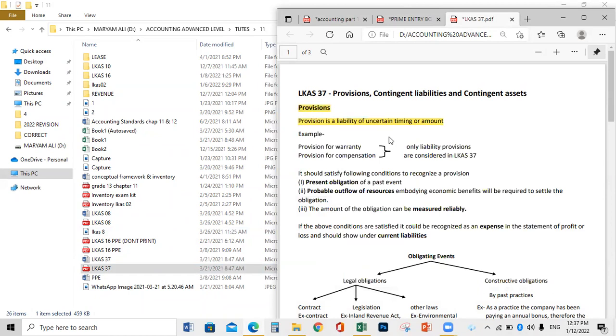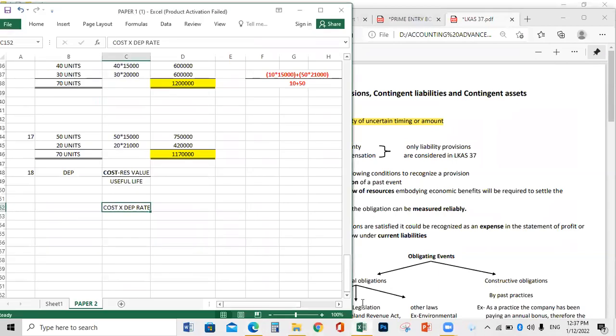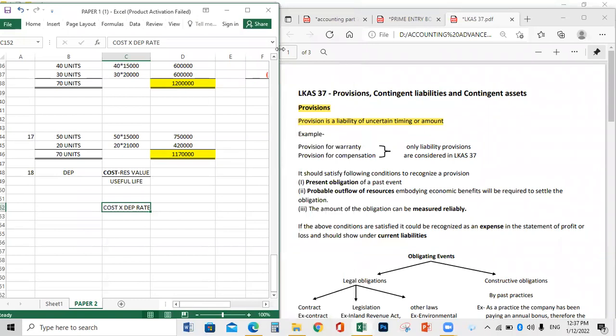That is the definition of provision itself. We say provision is uncertain. We are not sure when the customer will come and ask, and we are not sure how much the customer will ask.